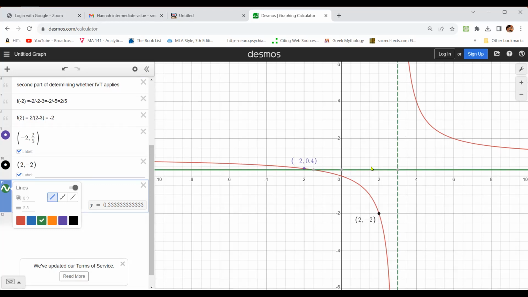So here's my green line. Now, what you want to figure out is this green line here, this level.